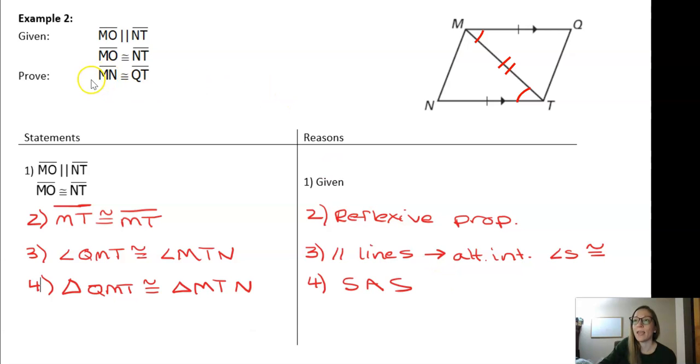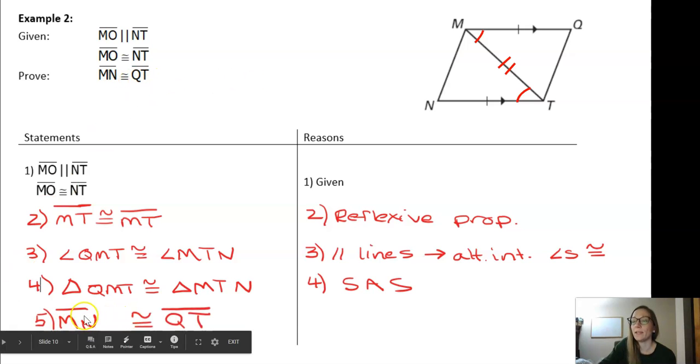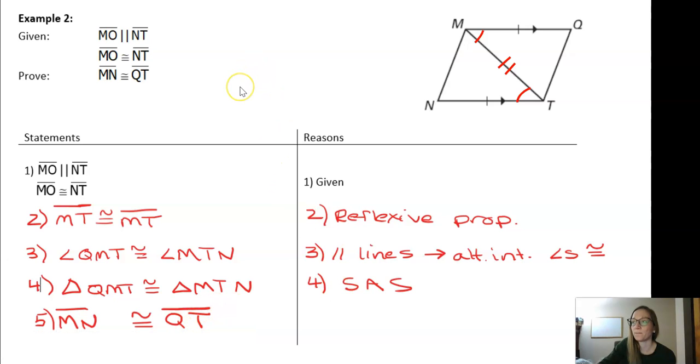So I can say MN is congruent to QT. And that is because of CPCTC. And that's it. We're going to talk a lot more about this in class on Wednesday and Thursday and Friday.